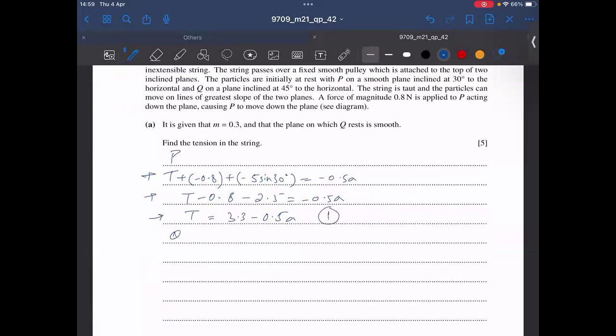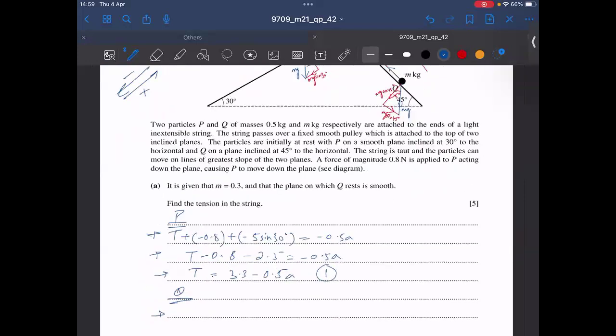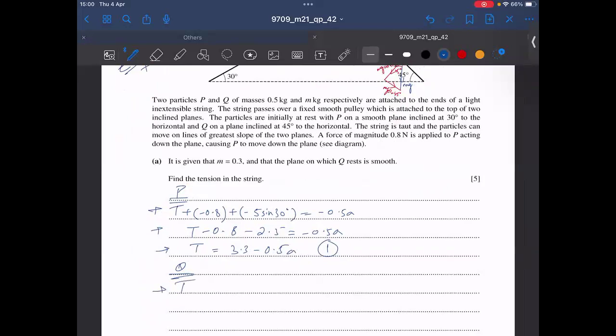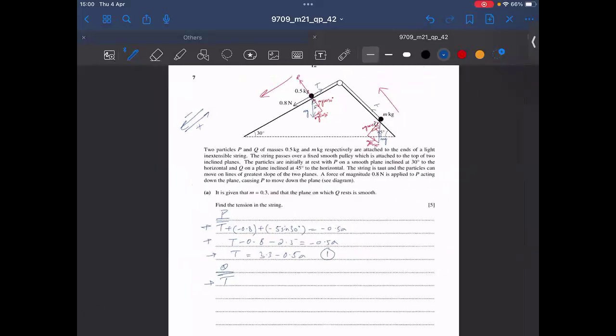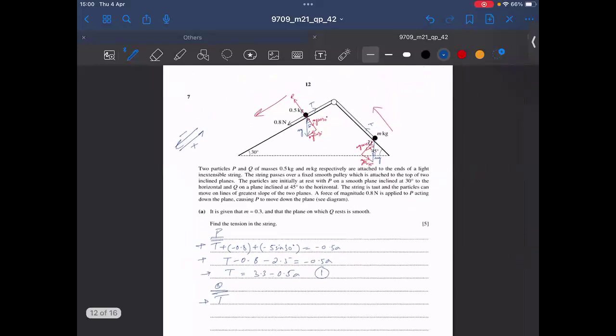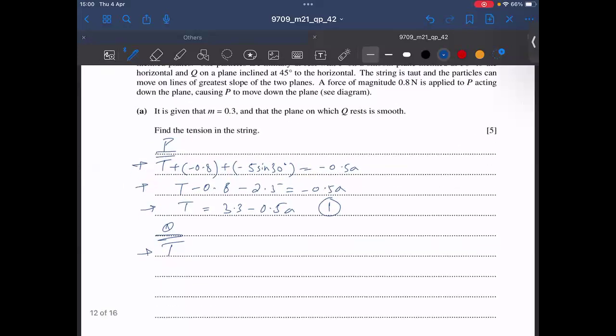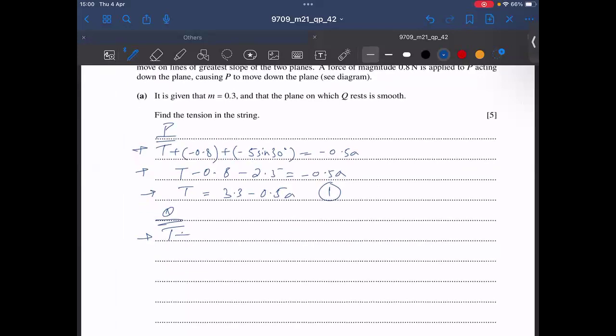Now for Q, have a look at this. Again along the plane, I have T acting upwards, and mg sine 45 acting downwards.